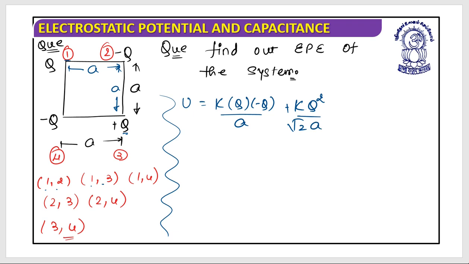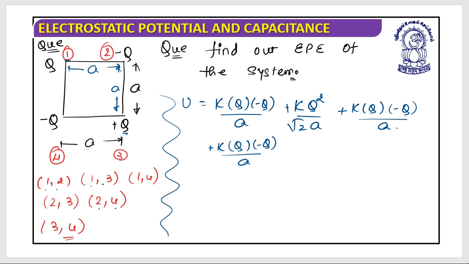Next it's 1 comma 4, so this is k into q into minus q divided by their separation, a. Next is the turn for 2 comma 3. This is 2, this is 3, so this is kq into minus q divided by a.